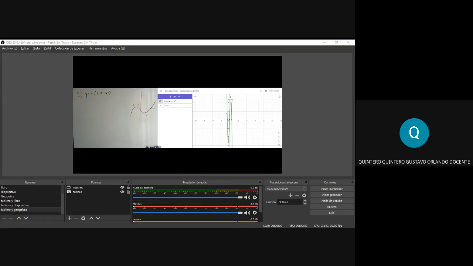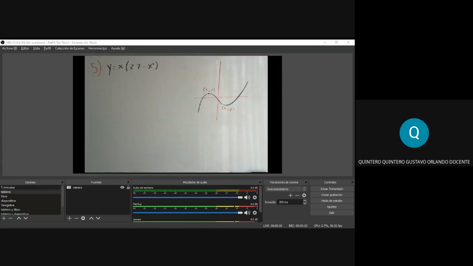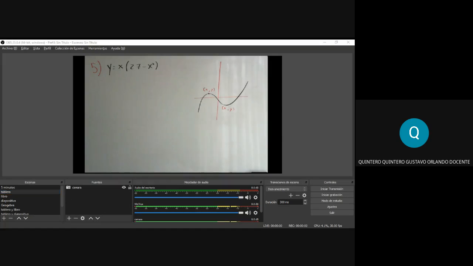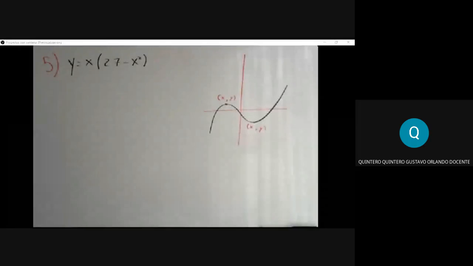We need to know how to find those 2 turning points and how to tell if they are maximum or minimum by using the board, right? So I'm going to change to just the board, and I'm going to show you how that is done.